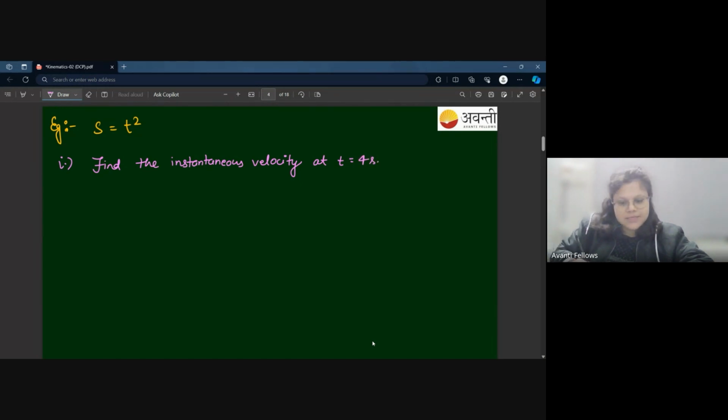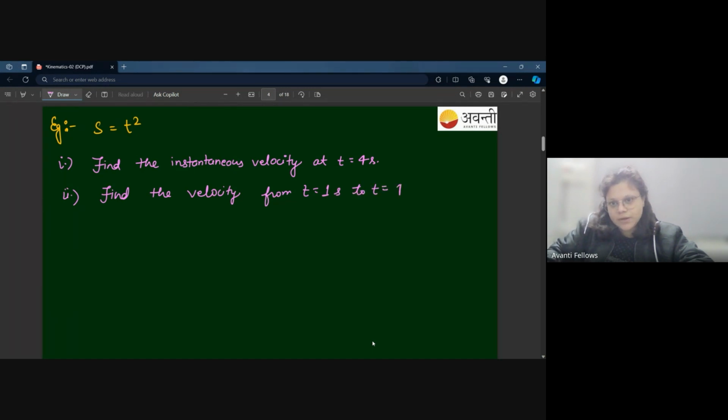And the second one: find the velocity from t equals 1 second to t equals 4 seconds. Okay, you have two parts to this question.